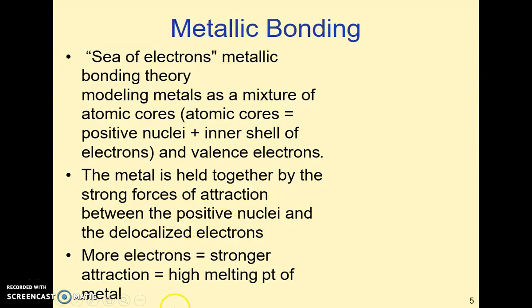Because calcium has more electrons in the sea, there's more glue. You can think of the electrons as glue holding the metal ions together. There are more electrons to be attracted to the positive nucleus. So metals with more valence electrons in the sea tend to have higher melting points because those electrons are attracting the nucleus of the metal atoms more.